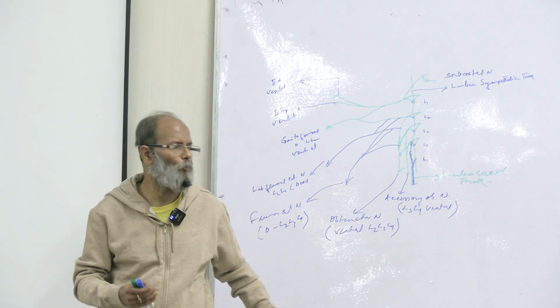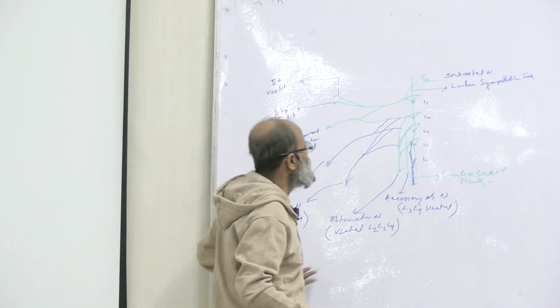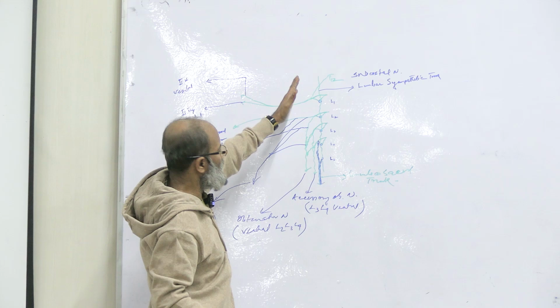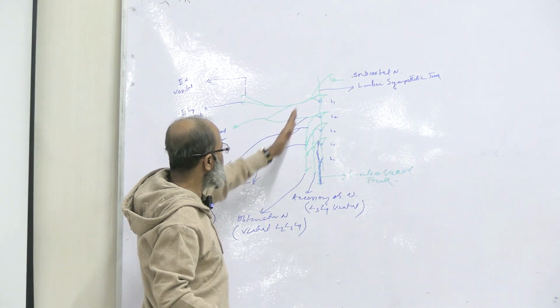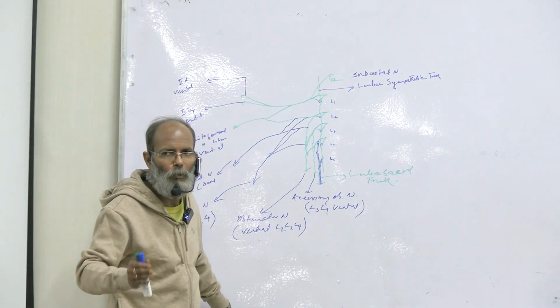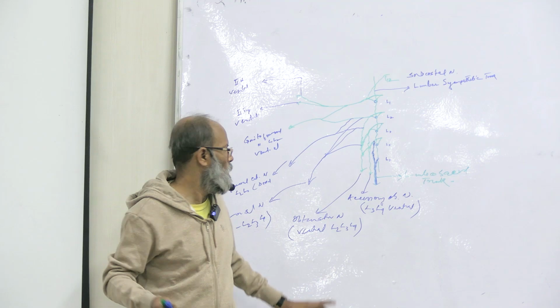Psoas major muscle is like this. One muscle is like this, another muscle is like this. Alright. So these nerves are coming through the lateral border of the psoas major muscle.